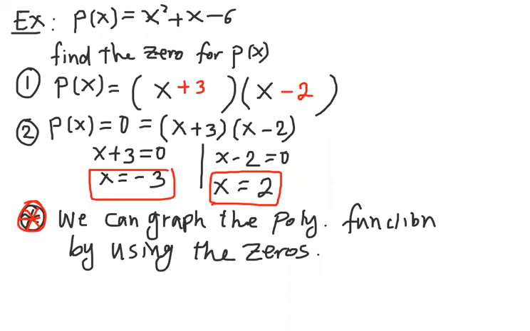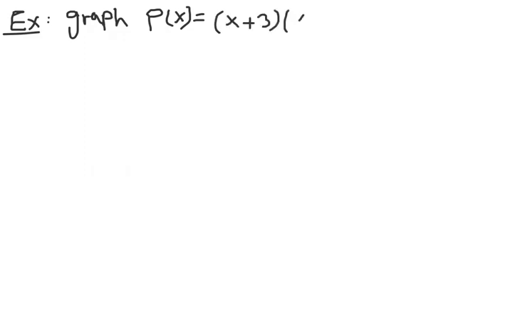Okay, so let's go to the next slide. Example: graph the polynomial function p of x equals, I give you a simple, easy one right now, then I start the harder ones, x plus 3, x minus 1, x minus 3.